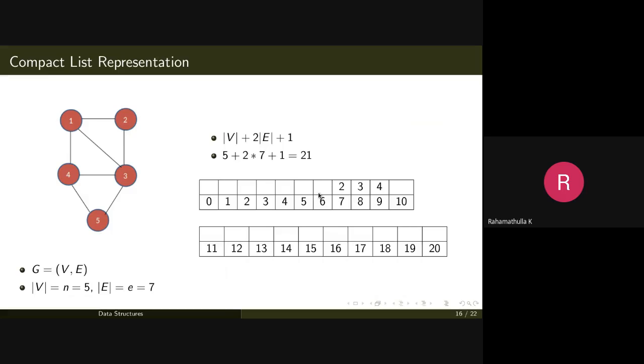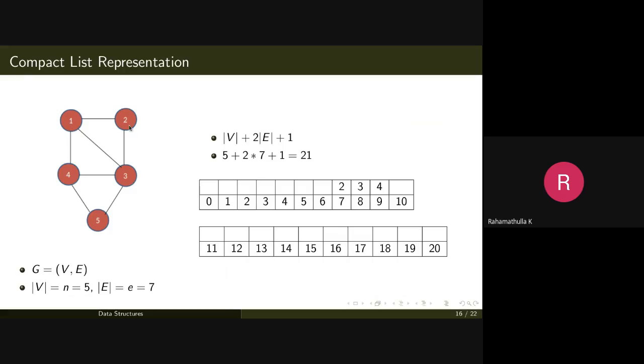We'll see that. So the initial entries, equal to the number of vertices plus 1, that is 6 boxes, we'll keep pending. Then here we'll mark the first edge, that is 1 to 2.